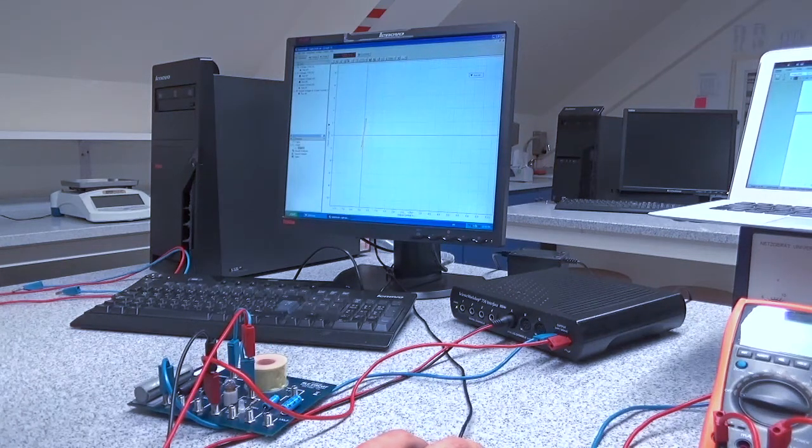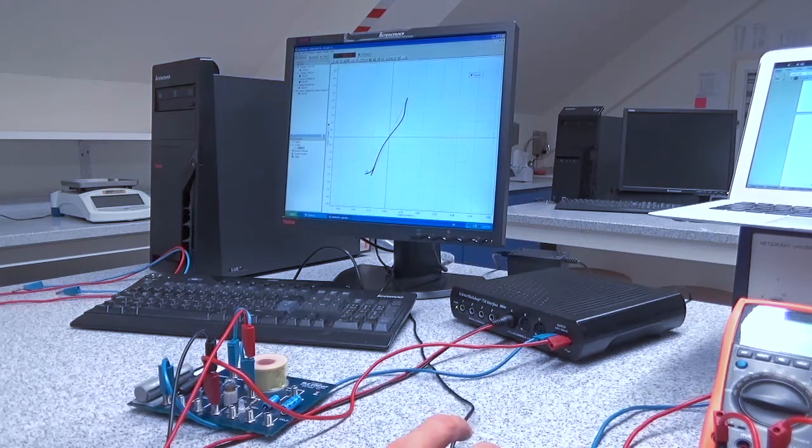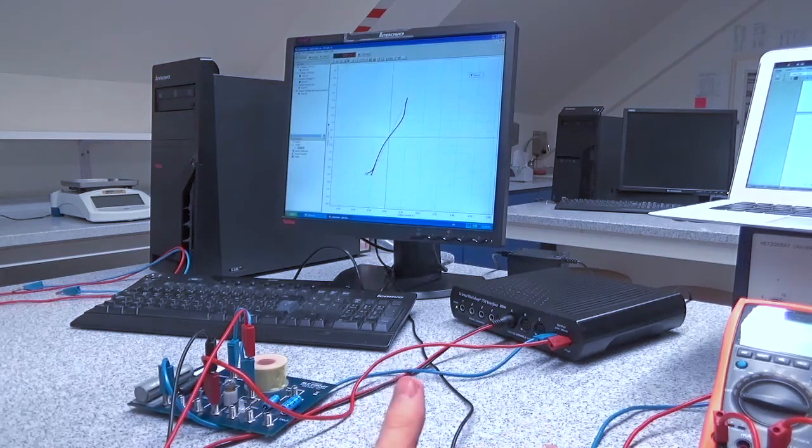Over here we are going to be changing a little bit the scales of that graph in order to render it more visible, and then we are going to zoom it out. As we can see over here, we have a curvilinear relationship between the voltage and the current, which is an indication that a light bulb is a non-ohmic device.